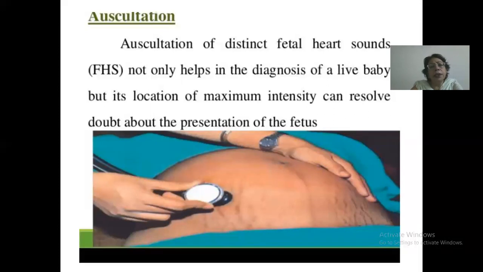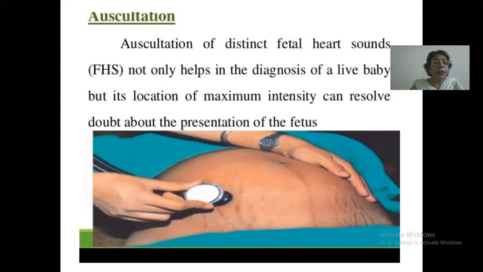Then coming on to the auscultation, you hear the distinct fetal heart sounds. This not only helps in the diagnosis of a live baby, but its location of maximum intensity can resolve doubt about the presentation of the fetus. So you know that if the back is thrown back, the fetal heart will be heard anteriorly, and if the face is present posteriorly, then the fetal heart is heard distant, like in occipitosacral positions.